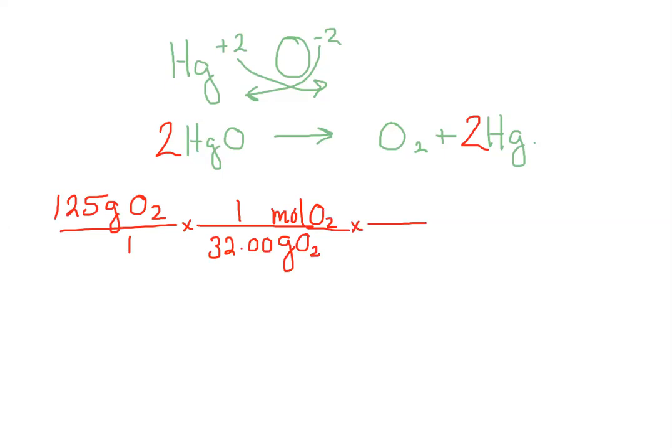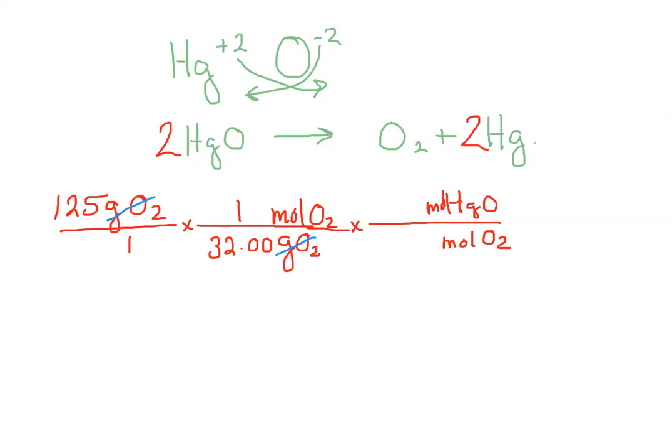Now, if you see here, that's going to cancel with that. So now we're going to put moles of oxygen on the bottom. And then what we're looking for is how many moles of mercury oxide. Mercury oxide is HgO. These numbers we're going to find from our balanced equation.